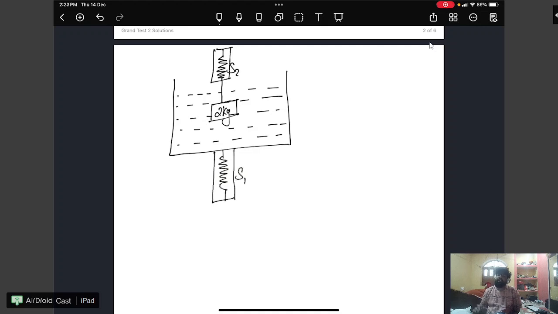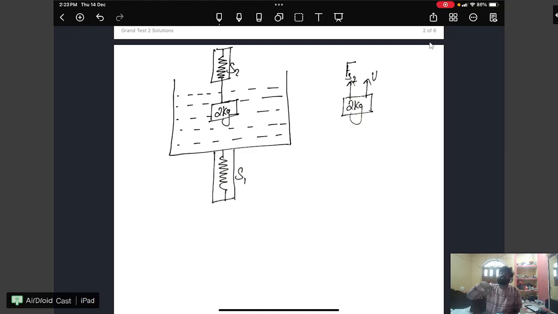The mass of the beaker is 5 kg. Now the forces acting on the 2 kg body. See, the 2 kg body is coming down, so on S2 spring, spring force will be upward. For the 2 kg body, spring force Fs2 upward, and upthrust given by water upward.